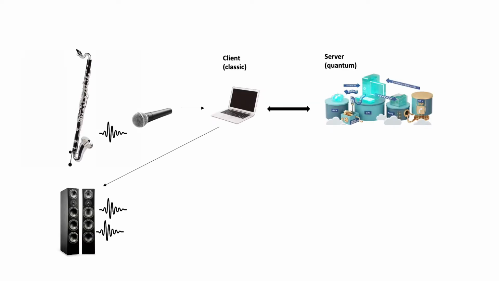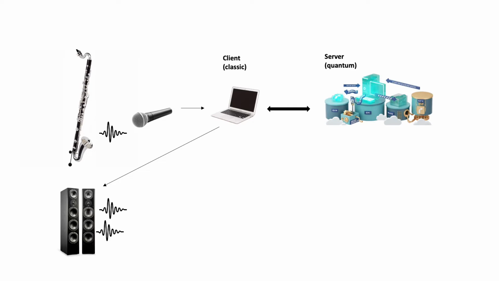Here is how the system is set up. During a performance, a laptop client listens to the clarinet and extracts information from the sounds. This information is converted into parameters for quantum circuits and relayed to a quantum machine server for processing.